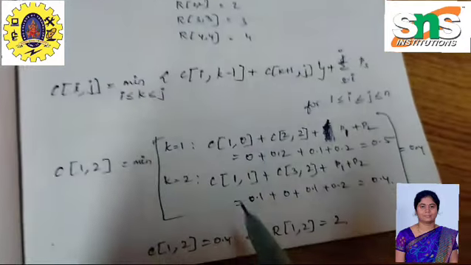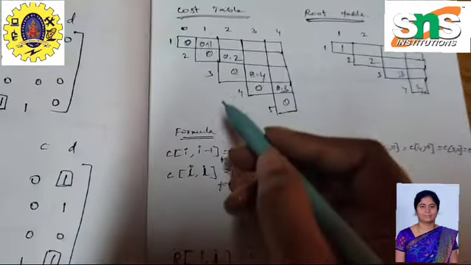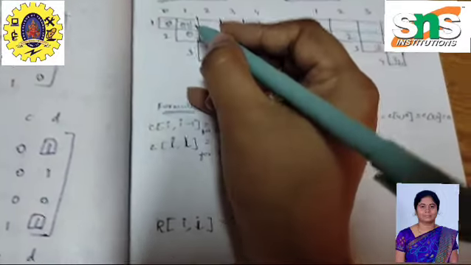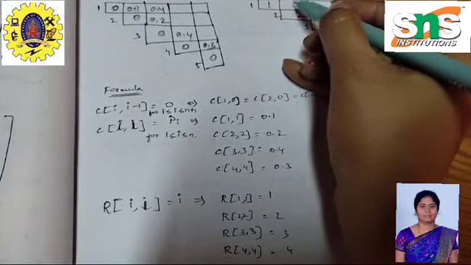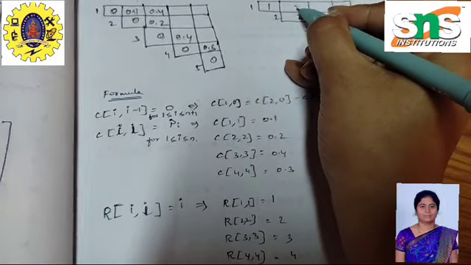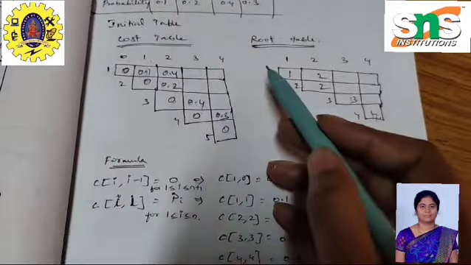So here we fill 1 comma 2 with our answer 0.4, and in the root table, for 1 comma 2, our answer is 2.